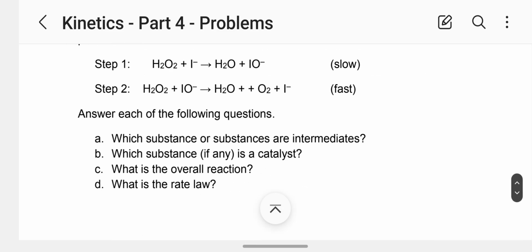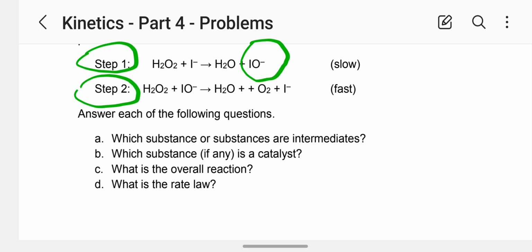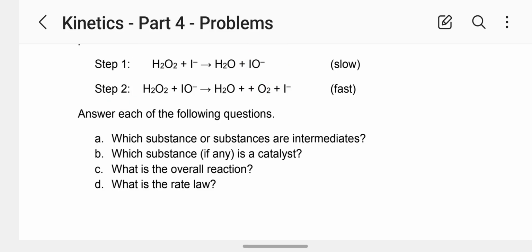Which substance or substances are intermediates? So the intermediate exactly is the hydroxide, because it is produced in the first step and used in the second step. The second question they ask is which substance, if any, is a catalyst?